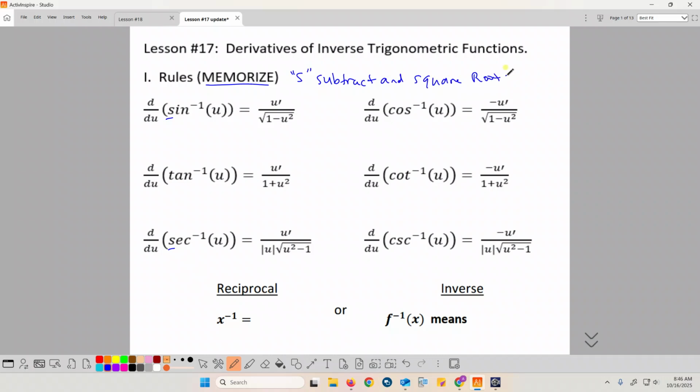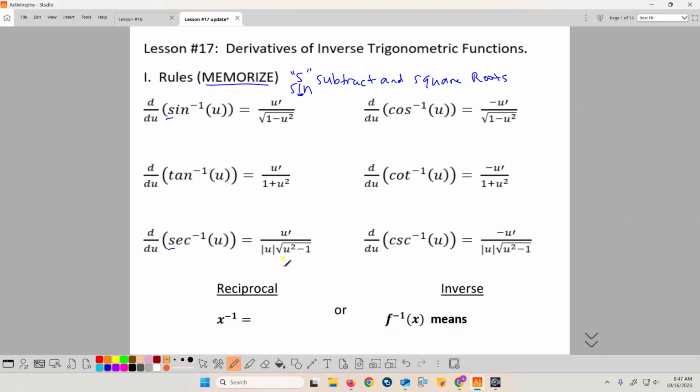Something else that could help us is whenever we write the word sine, that almost looks like a 1, doesn't it? And so something else to help us distinguish the inverse sine from the inverse secant is that the inverse sine derivative will start with 1 in the denominator, whereas the inverse secant does not start with 1.